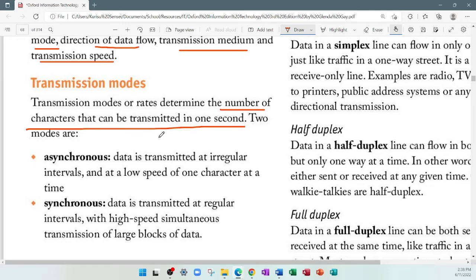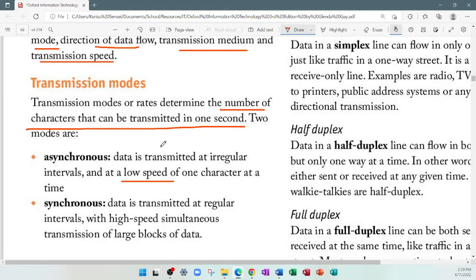So what are the modes that we currently have in use? Well, we have asynchronous. Asynchronous refers to data being transmitted at irregular intervals and at a low speed of 1 character at a time. So basically asynchronous is going to be slower than the synchronous method.